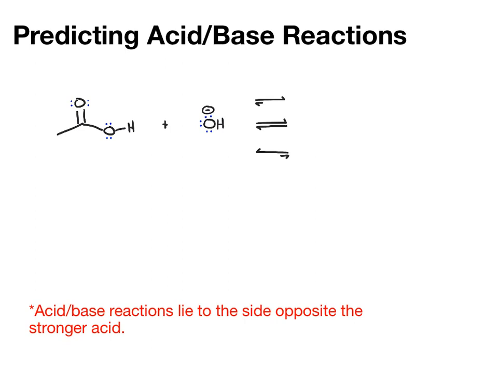All right, here we have our acid and our base. The base should be easy to pick because it has the negative charge. And what you want to do is always start by putting your pencil down on a lone pair of the base. Then draw a curved arrow to the acidic proton in the acid.